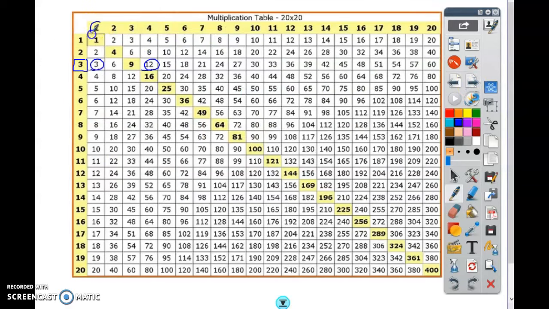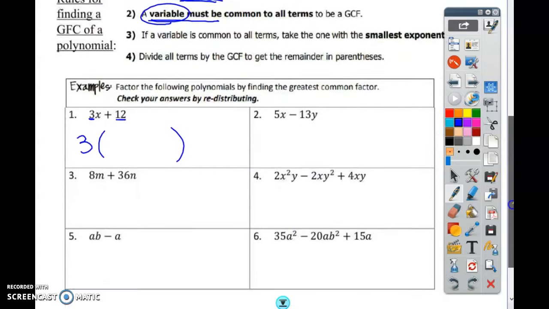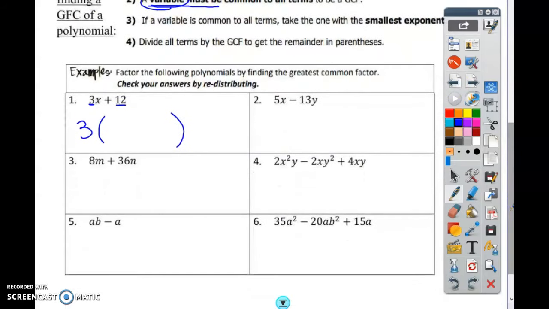These are the numbers that I'm going to be left with, 1 and 4. Because 3 divided by 3 is 1, 12 divided by 3 is 4. Those are the numbers that I'm going to be using. So right here, I'm going to be left with 1x plus 4, because those were my numbers that I found on the multiplication chart.